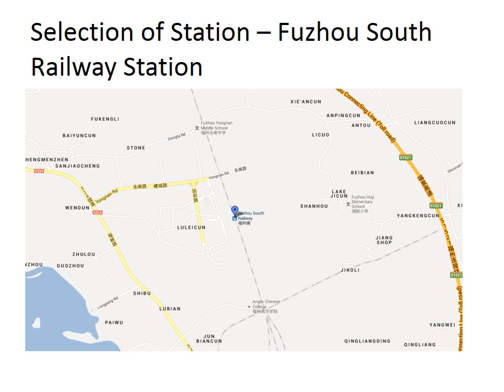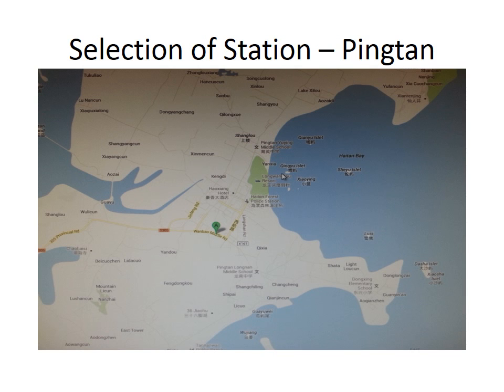For the next stage, we need to select the stations. In the Fuzhou area, we are looking at Fuzhou South Railway Station, which is in the city center. When we get to Pingtan Island, we are also looking at the city center, which is location 8 on the map.